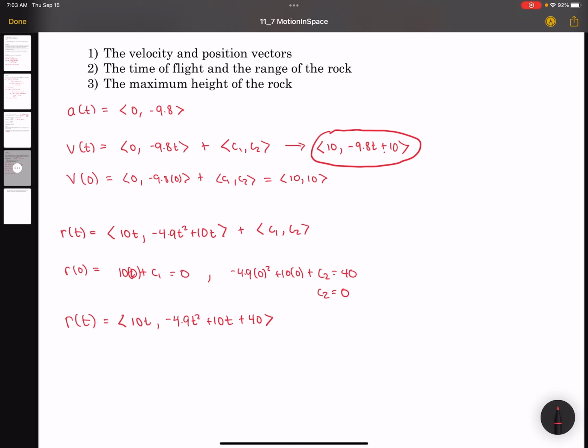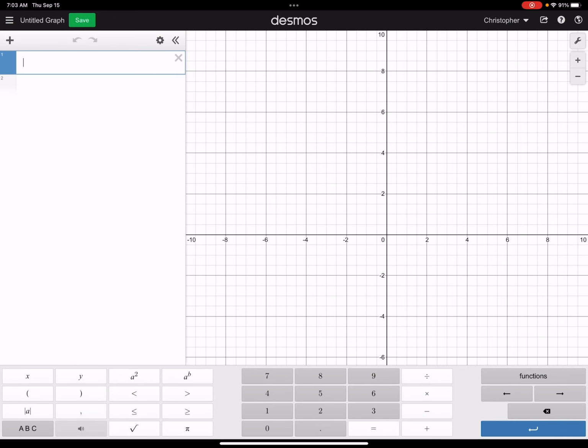And so the range of the rock is going to be the distance it travels horizontally. We'll get to that in a moment. The time of flight is going to be how long this thing is in the air. So that's going to correspond to when this component equals 0. And I'm not interested in doing the quadratic formula, so let's hop over to Desmos. What was that formula?